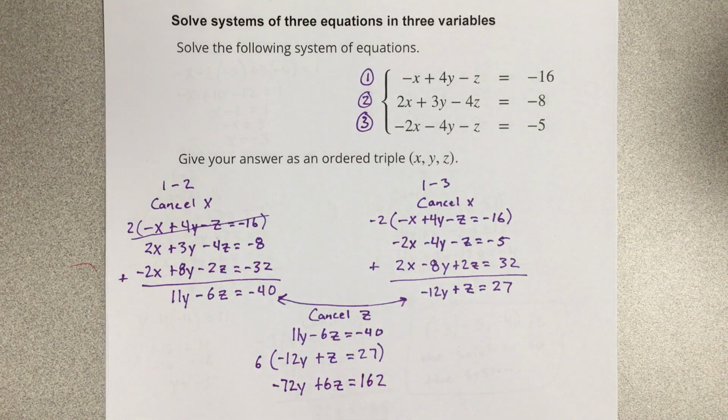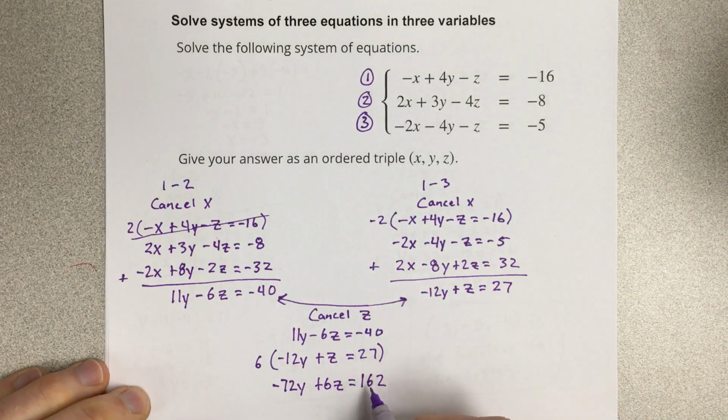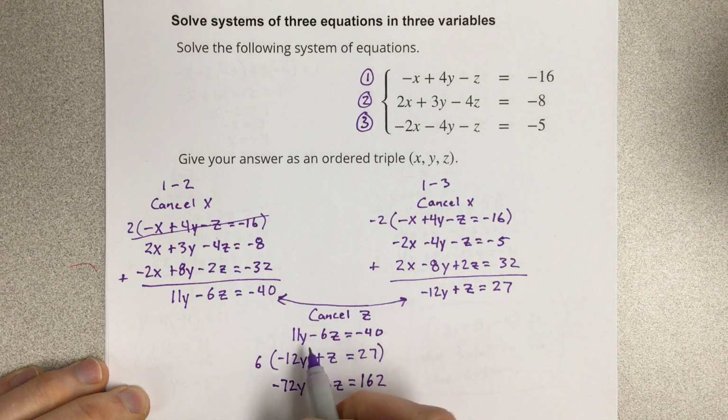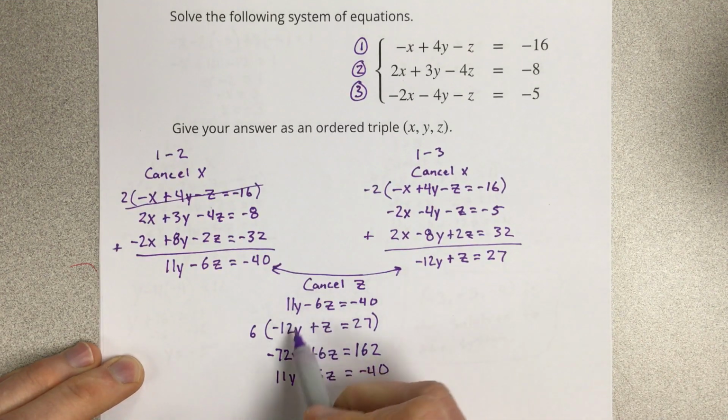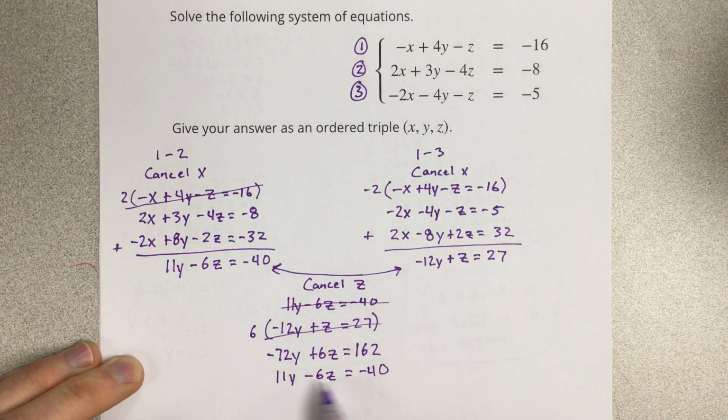And then after that, I'm going to move the top equation down, so it'll be 11y minus 6z equals negative 40. So I'm going to lightly cross that little piece out. So we're going to cross this out and then cross this out, and then we're going to work with these two equations we've got here.